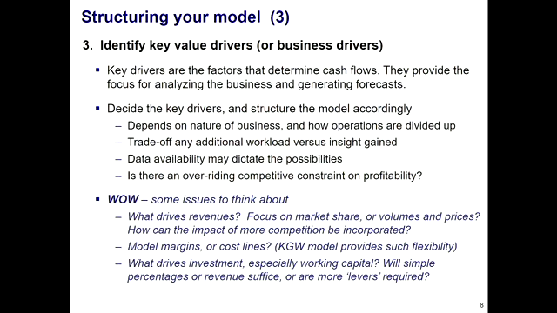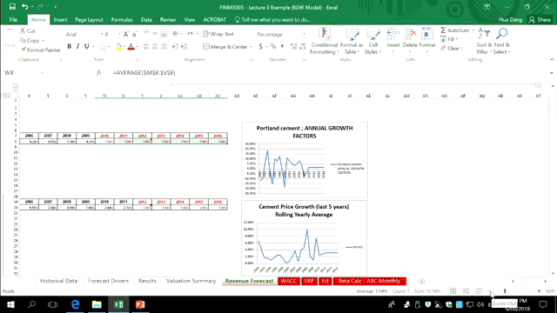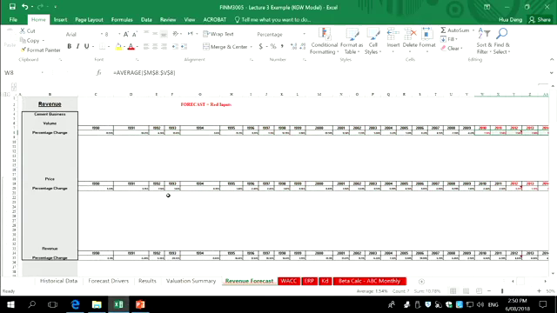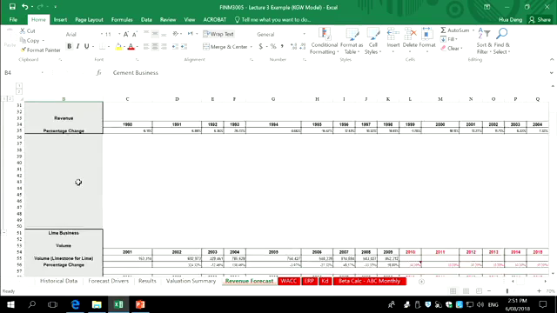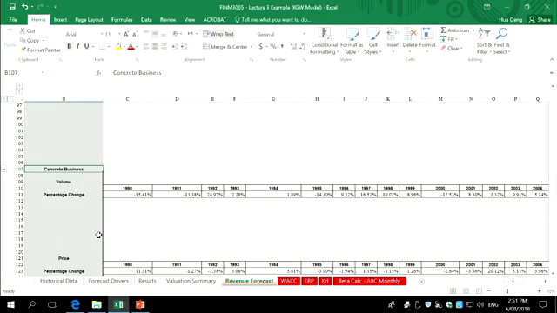Okay, we still have a few more minutes so that we can have a look at the example. For ABC, that's a construction material company, if you look at the revenue forecast, they divided the business into 3 business units: cement, lime, and concrete.